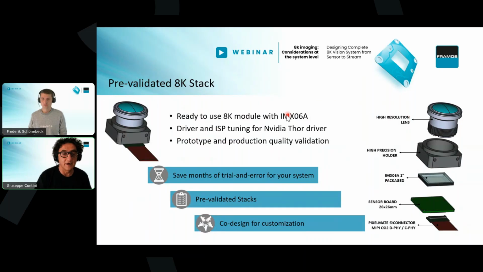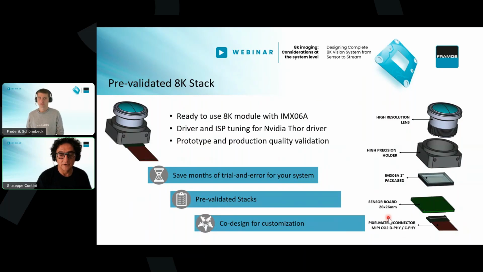Here is IMX 06A, again 8K modules with driver and ISP, and also prototype and production quality validation, because item-to-item variation is very important in this case.